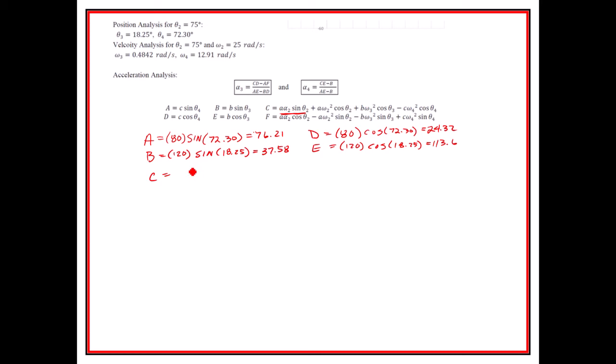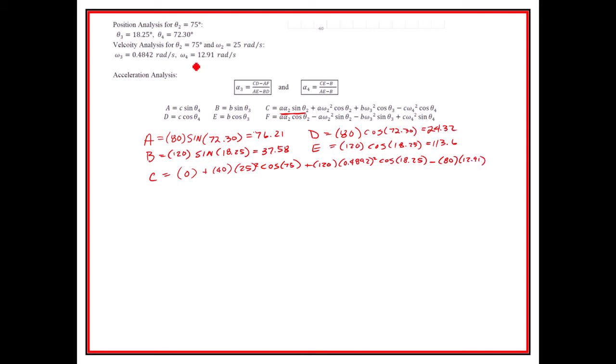And for C now, we start going through, and we'll notice that we have an alpha 2. Because the alpha 2 is equal to 0, that term is equal to 0. And then we go through the rest of it: it's going to be 40 times 25 squared cosine of 75 plus 120 times 0.4842 squared times the cosine of 18.25, and then minus 80 times 12.91.